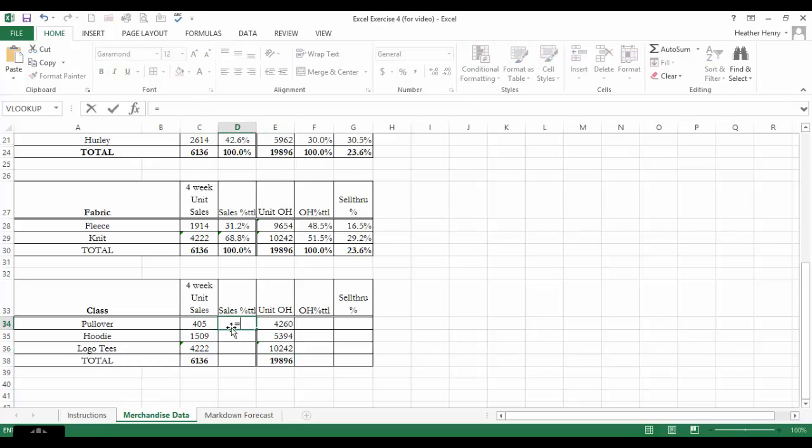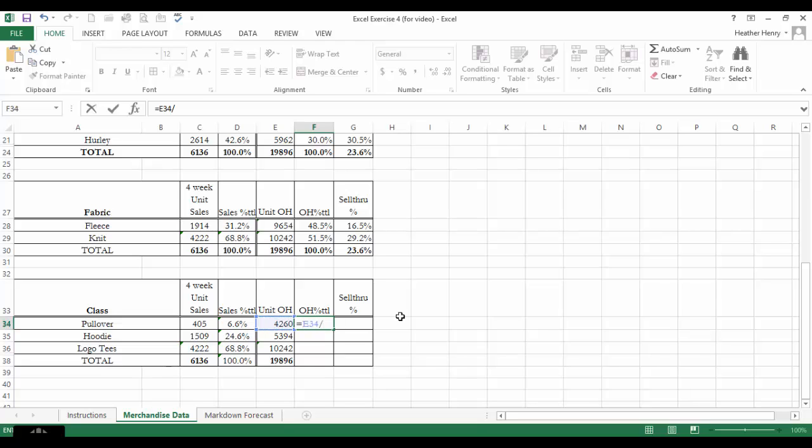Next, we need to figure out the percent to total sales for the classification. So we take our 405 units, divide it into our total unit sales of 6,136 units. Let's lock that total number so we can use our fill formatting. Drag it down, and let's convert this to our percents. Let's go ahead and do the same thing for our on-hand total now.